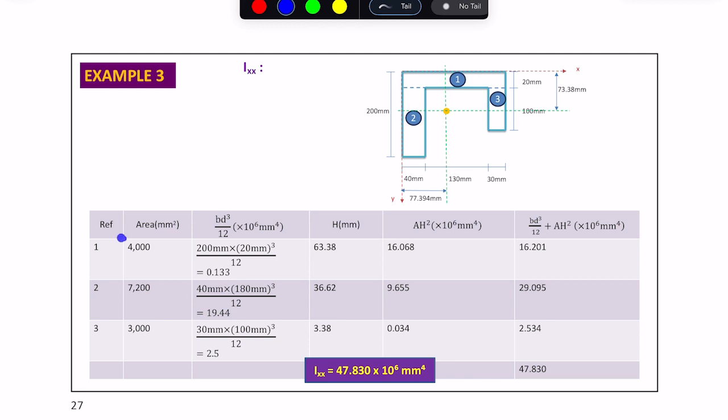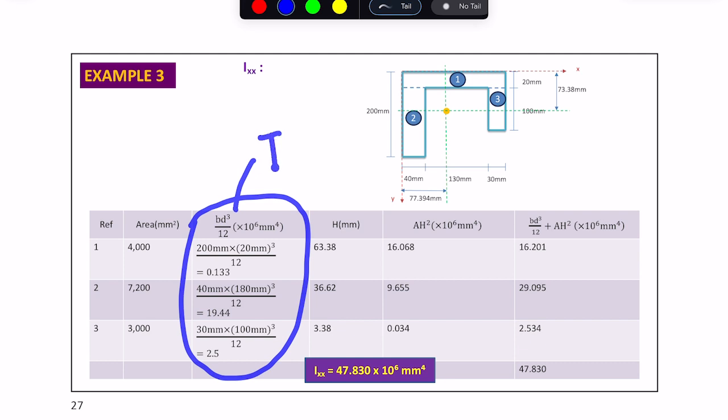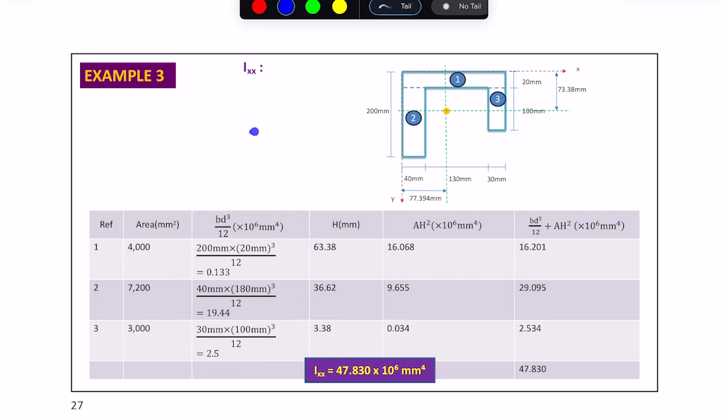All of the section values from the calculation of centroid, and calculate the BD cube divide with 12. This one is actually, we call it as I bar X. So BD cube divide with 12, this is it. And make it to 10 to the power of 6 mm power of 4.